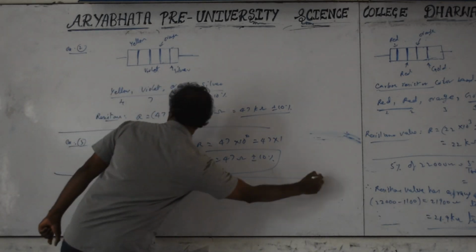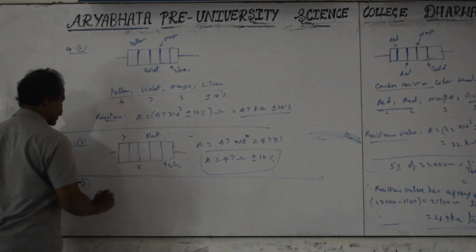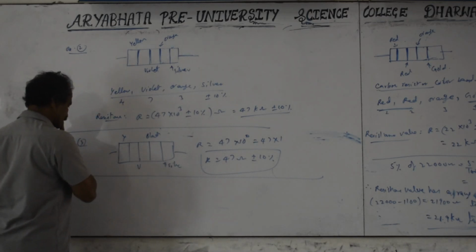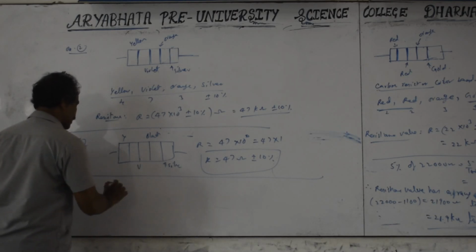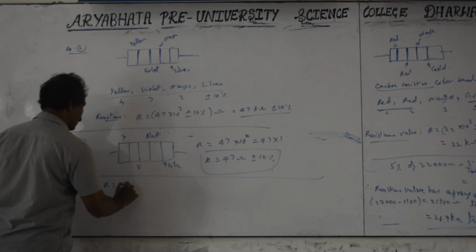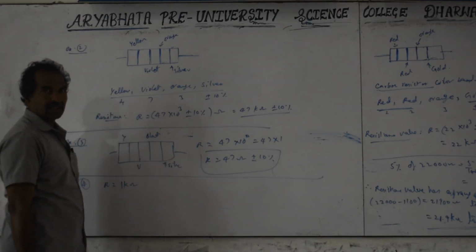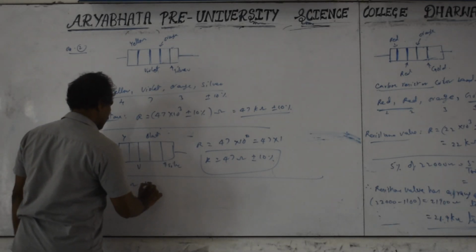Example 4. I want the resistance value to be 1 kilo ohm. Generally we use 1K, 2K, 2.2K like that. 1 kilo ohm resistance is there. And the error I want is plus or minus 10%.